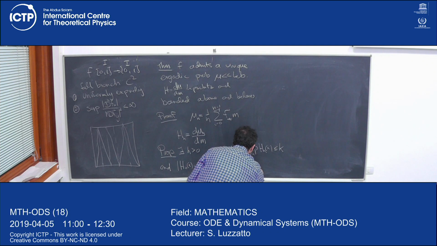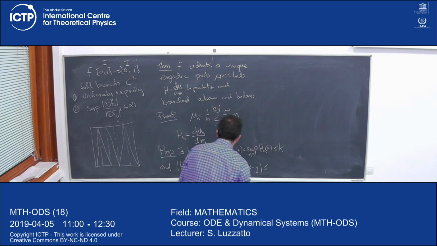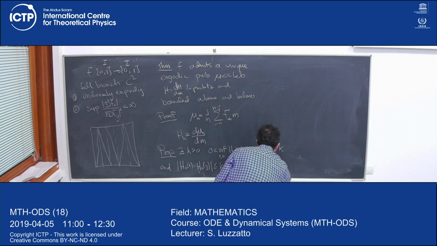And Hn is Lipschitz: the difference Hn of x minus Hn of y is less than or equal to k squared times the distance between x and y.